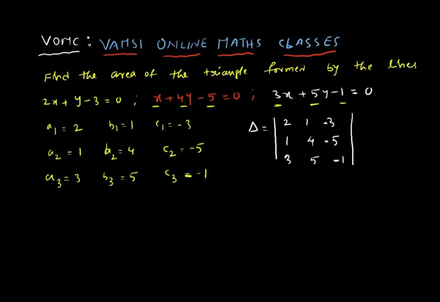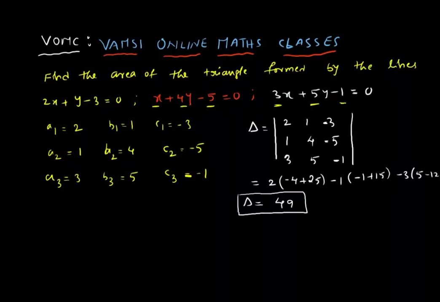If we expand this determinant, we will get 2 into minus 4 plus 25, minus 1 into minus 1 plus 15 by cross multiplication, minus 3 into 5 minus 12. Simplify this, you will get 49. So the delta value is 49.